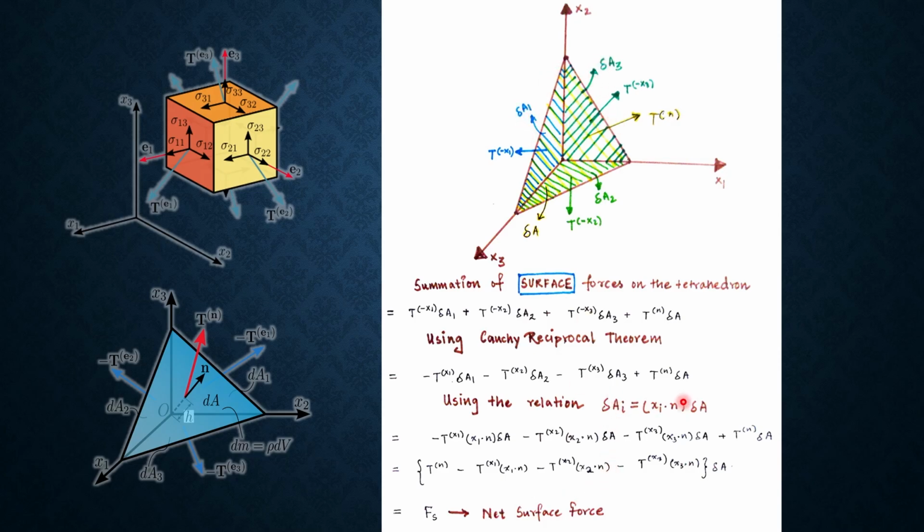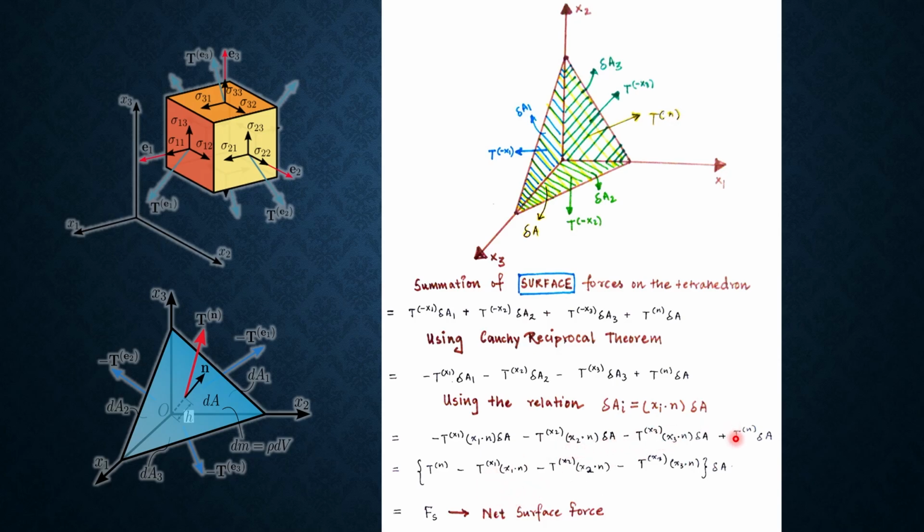So we can say that the projection of delta A on a plane that is perpendicular to xi is delta Ai. Using this, we substitute the delta A expressions in the expression above and write it as minus t of x1 dot n delta A, and similarly for others.